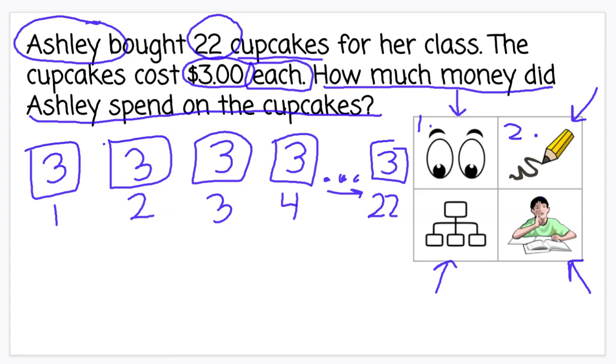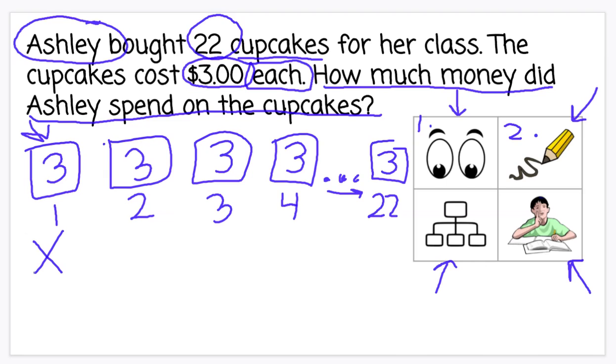So I know this cupcake costs $3, this cupcake costs $3, this cupcake costs $3, this cupcake costs $3, and this cupcake costs $3. So what I notice about this visual model that I drew is that my number 3 is repeating. I know that multiplication is represented by repeated addition. So when I see repeating numbers like these 3s, that means I'm going to multiply.